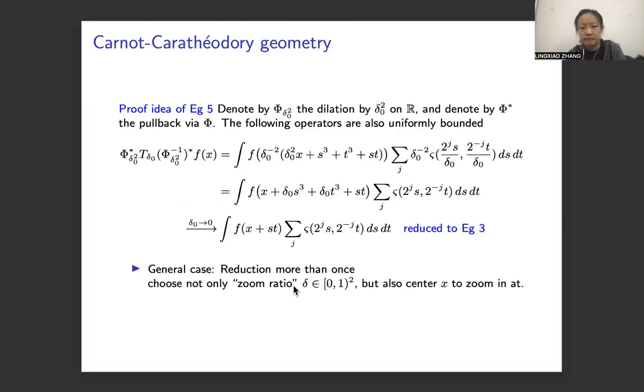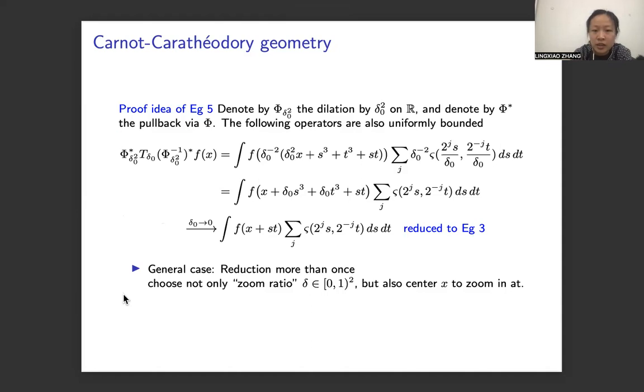Okay, so recall this is the reduction process when we prove example 5 is unbounded. And compared to this very special case, in the general case, one difficulty lies in that the reduction process might need to be implemented more than once.